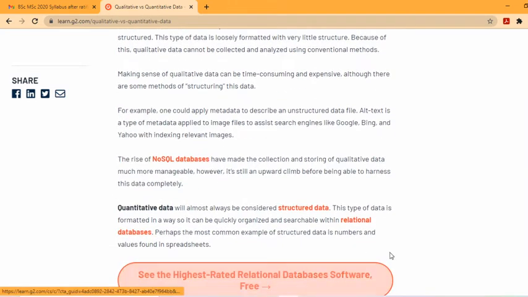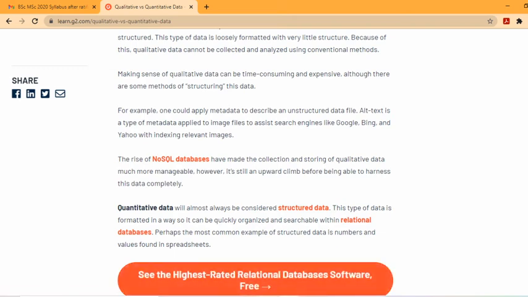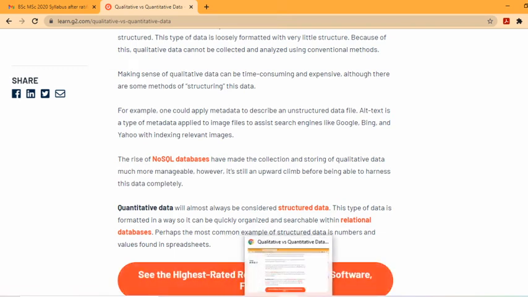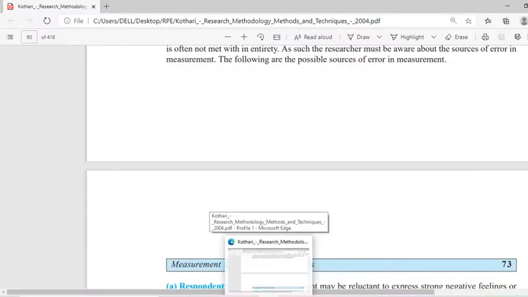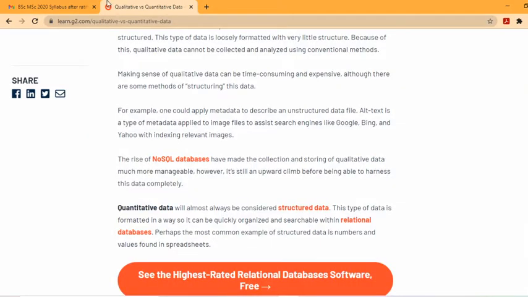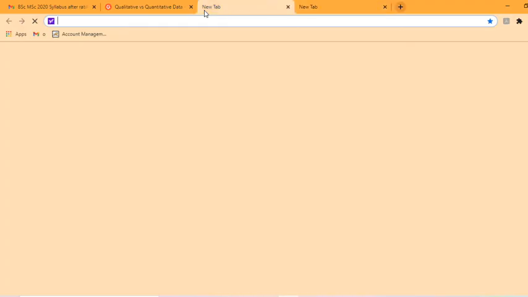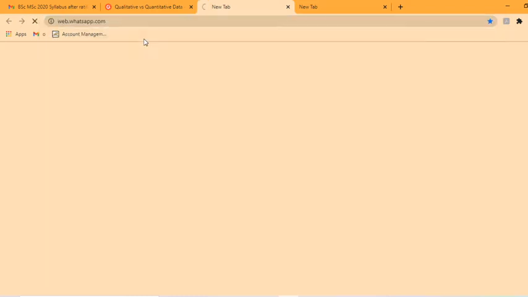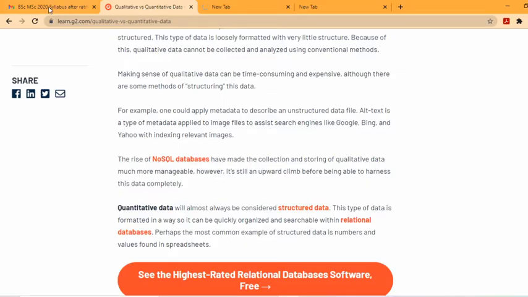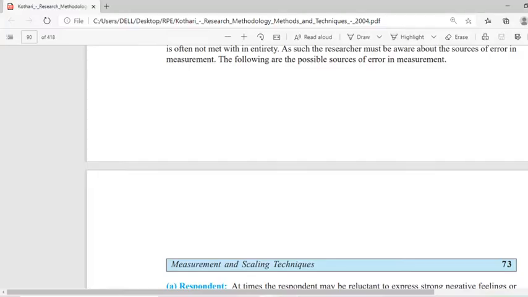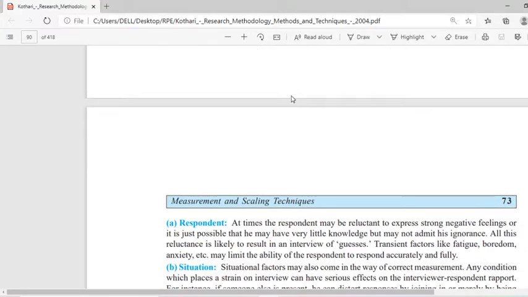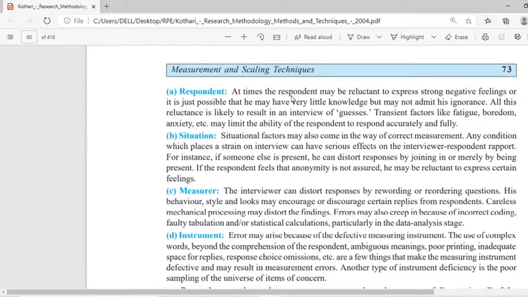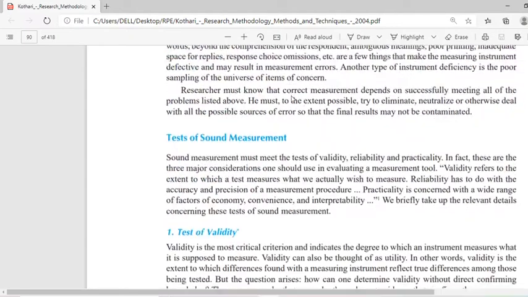Okay, you can refer to this book. I have shown you the book of Kothari. I think I have shared it with you. If it is not available with you, I will share, and you can take notes from that book. Because this is a research book, fully devoted to the statistical tools for doing statistical analysis.